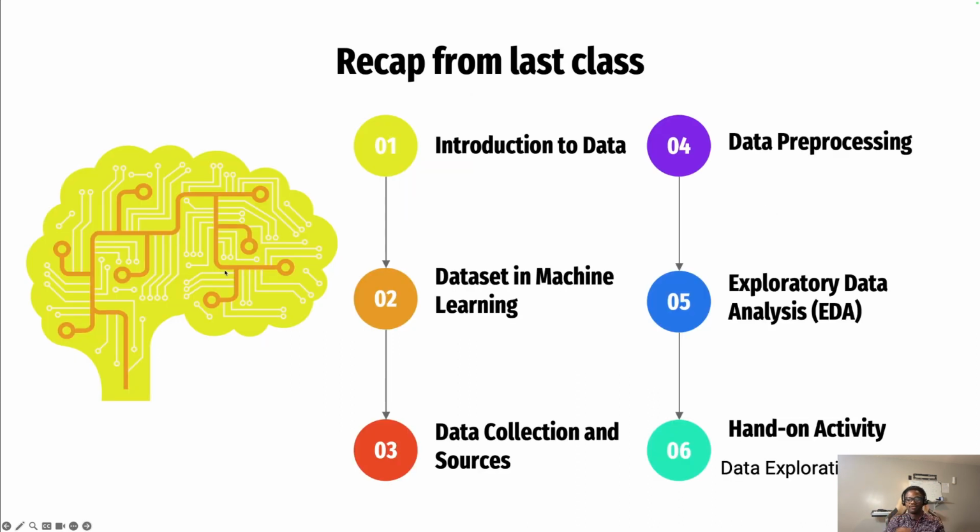Just like a recap from what we did in the last class, which is the third class, we looked into data, like how data is used in machine learning, and how to get a data set, and how to use a data set to teach our machine. We did a lot of stuff, and we were able to do some exercises to explore our data, to see what is in our data. Because don't forget, machine learning is all about data.